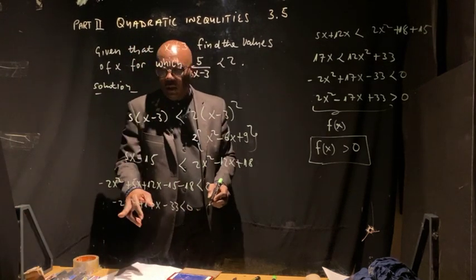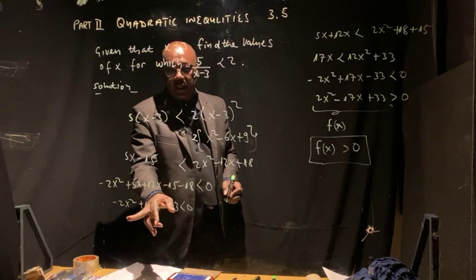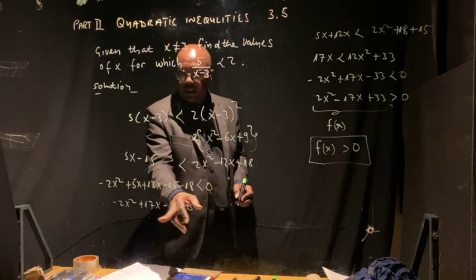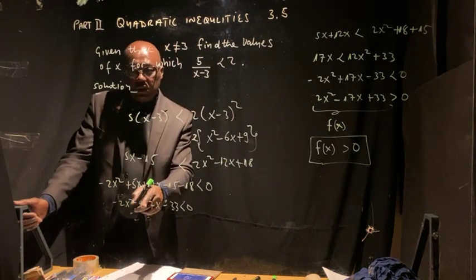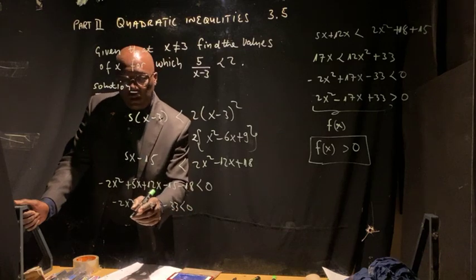Now, we are going to multiply both sides by negative 1.